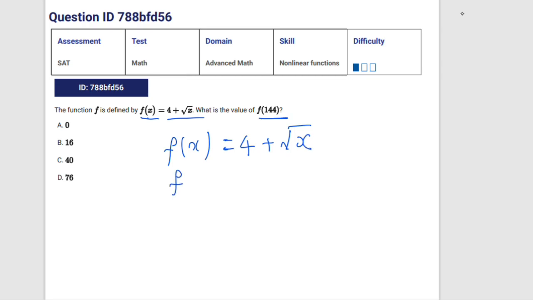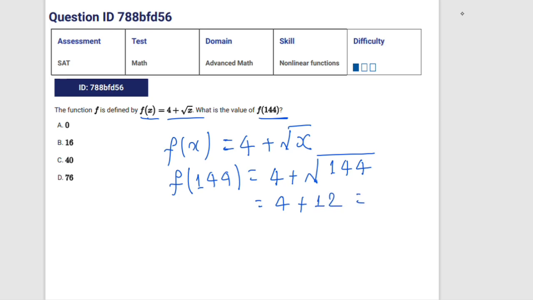We put x equals 144, so f(144) equals 4 plus the square root of 144. We know that 144 is the square of 12, so the square root of 144 is 12. So this would be 12 plus 4, which is 16. So our right answer is B.